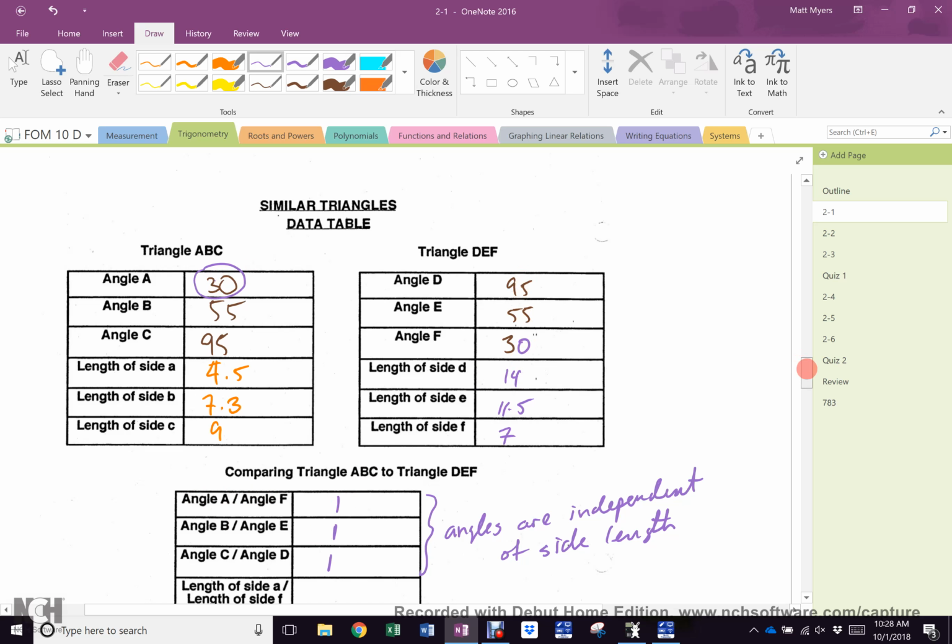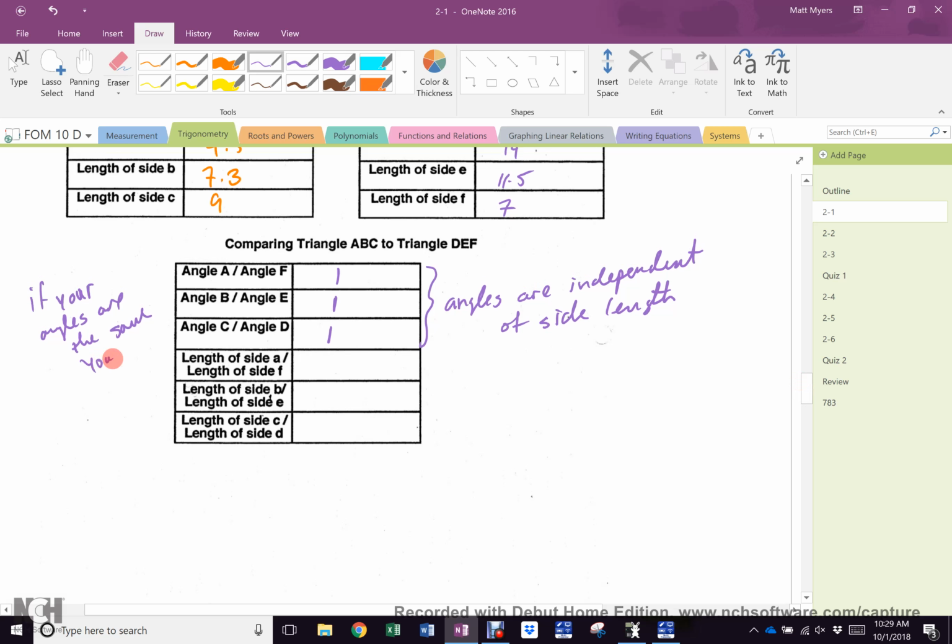Okay. Is everybody cool? Now, if all your angles are the same, your triangles are similar.